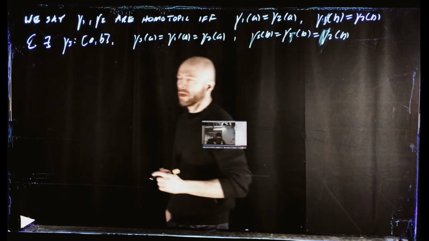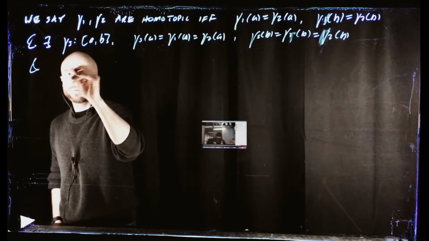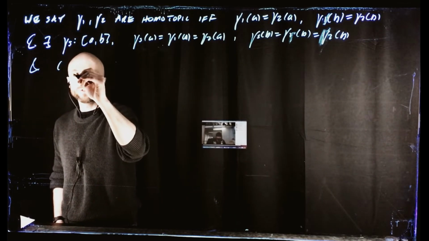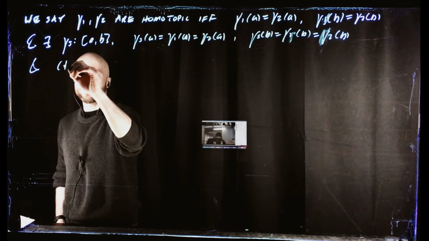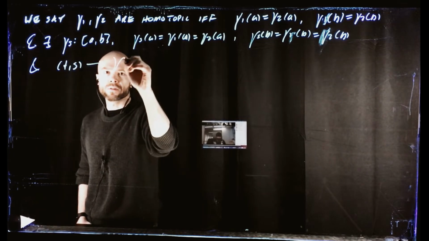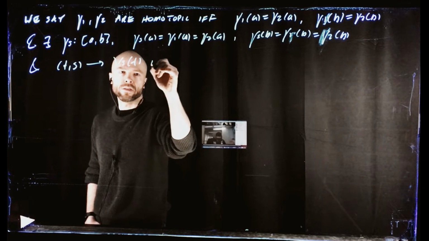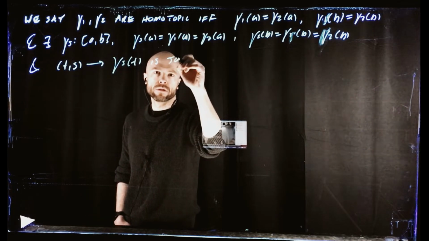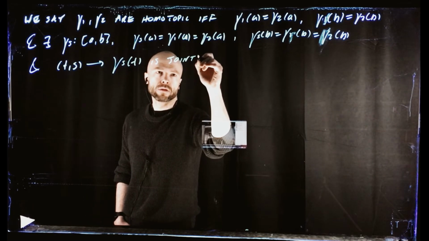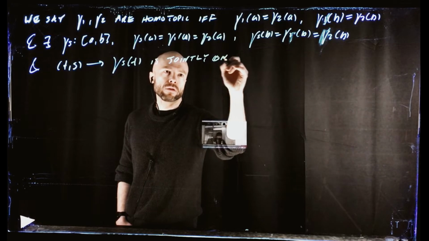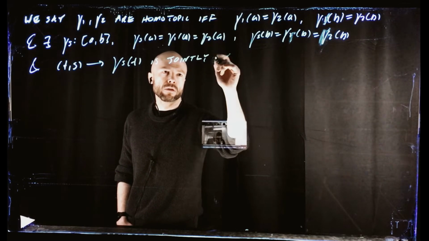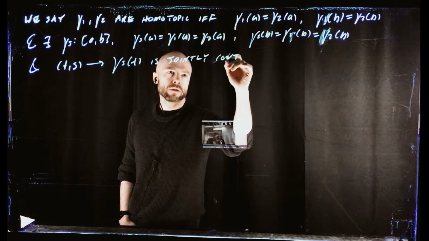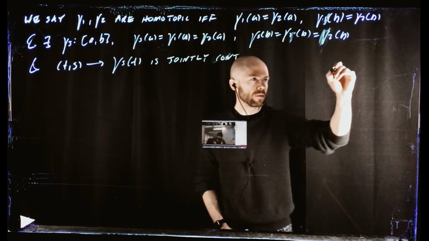And as a function from, say, t and s going to gamma s of t, it is jointly continuous. So the picture, of course, is more clarifying.